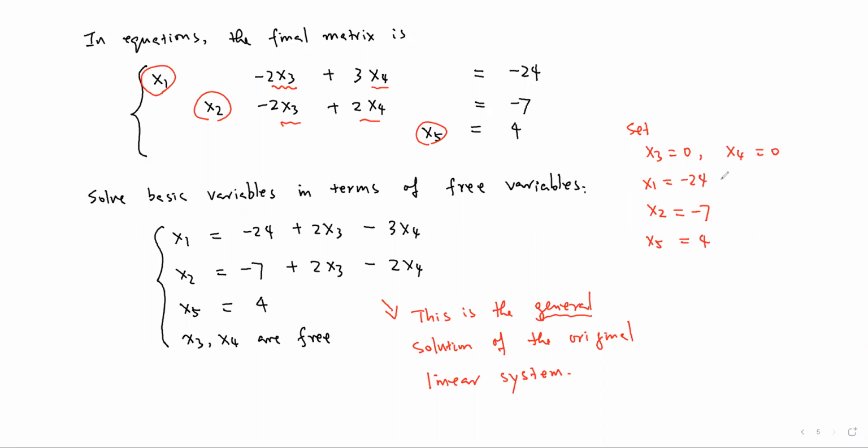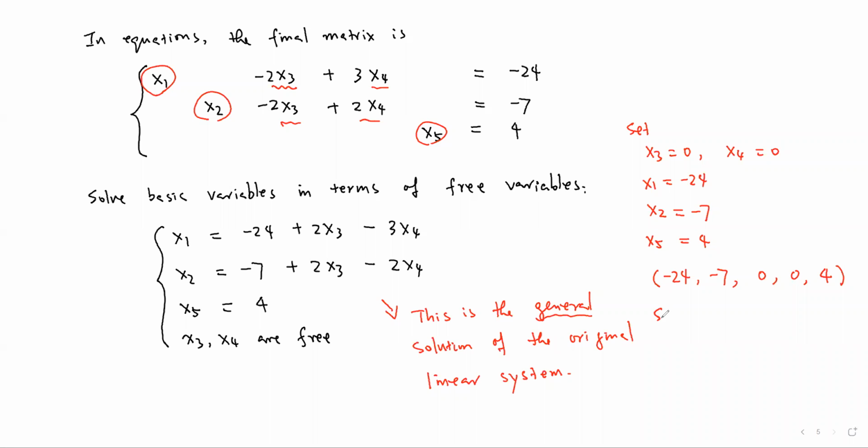Then this is one solution of the original linear system. The solution is x1 is -24, x2 -7, x3 0, x4 0, x5 4. This is one solution of the linear system.